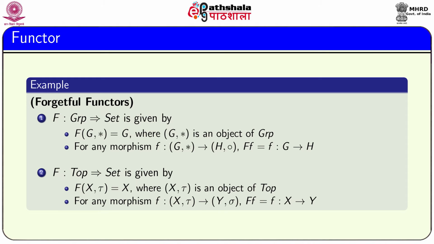This way we can define several more forgetful functors, like a forgetful functor from Ring to Set. It may be a forgetful functor from Ring to Abelian groups and so on.